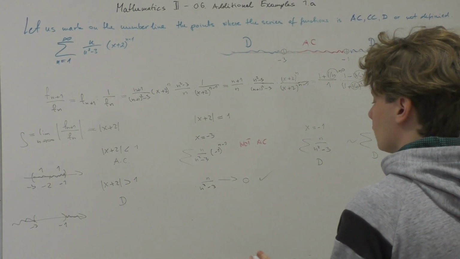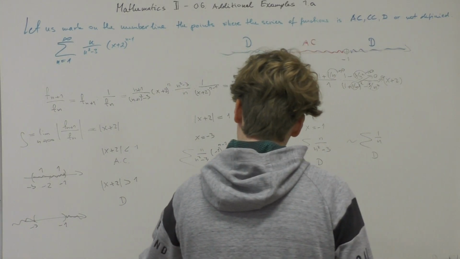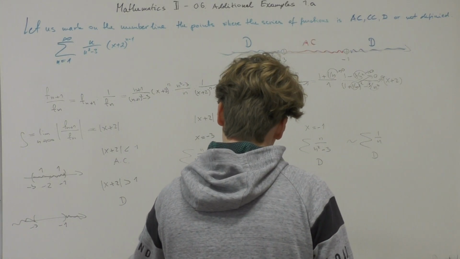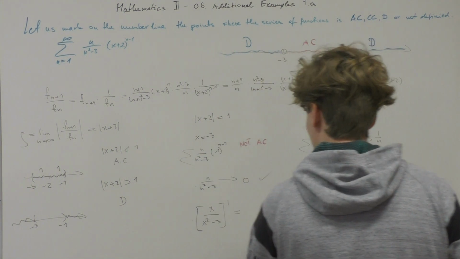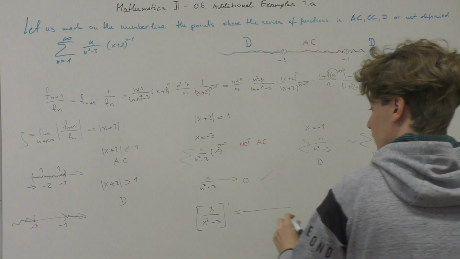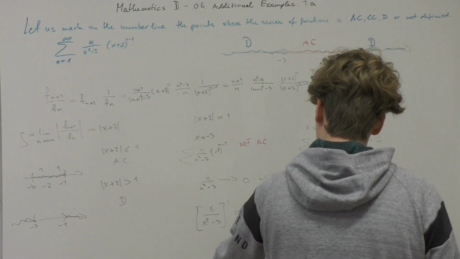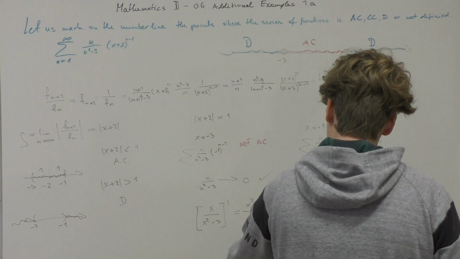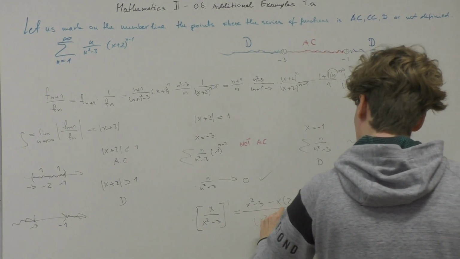To check that, we differentiate. So let's take the derivative of x over x squared minus 3, and you just use the quotient rule. We have (x^2 - 3) minus x times 2x over (x^2 - 3)^2.